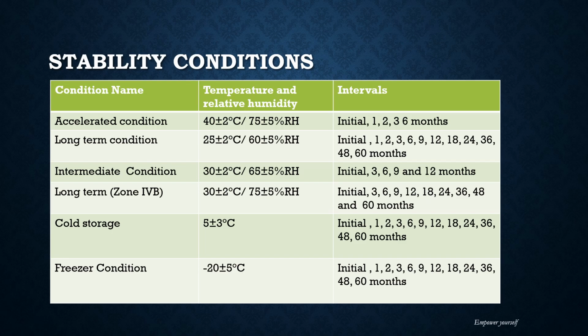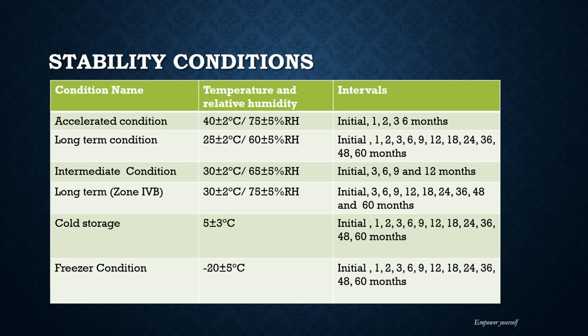Coming to cold storage. Here my product is kept at 5 plus or minus 3 degrees centigrade, that is the 2 to 8 condition. For the products which are to be stored at 2 to 8 degrees, the long-term condition will be 5 plus or minus 3, and the intervals go like this: initial, 1, 2, 3, 6, 9, 12, 18, 24, 36, 48, and 60 months.